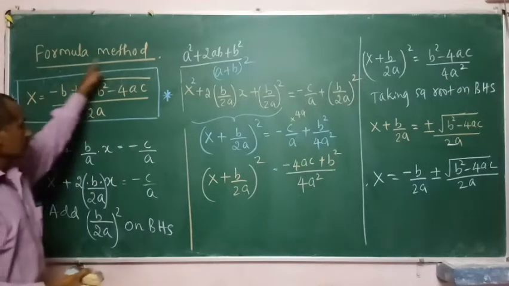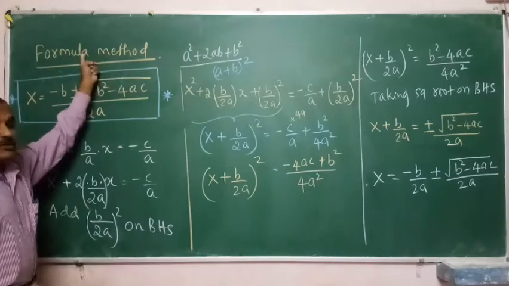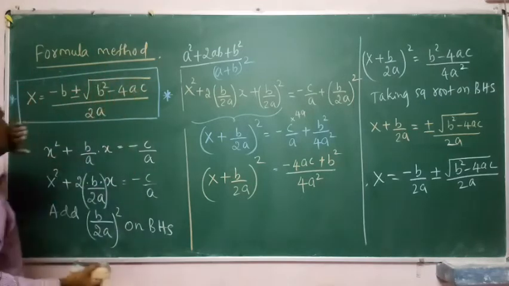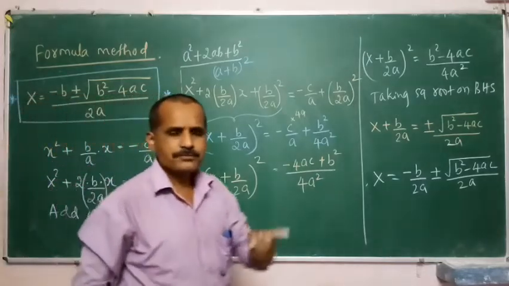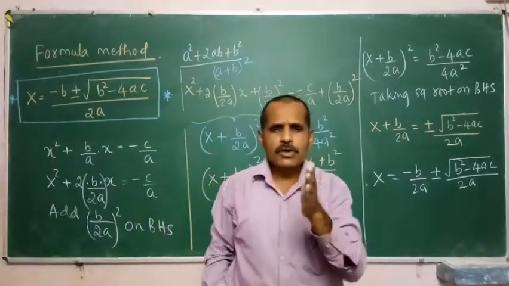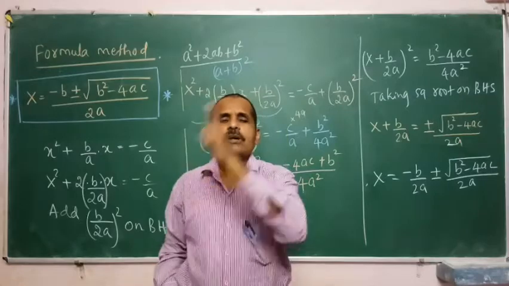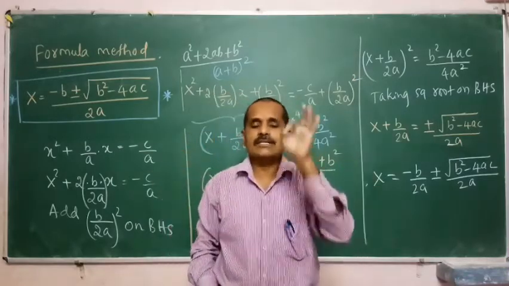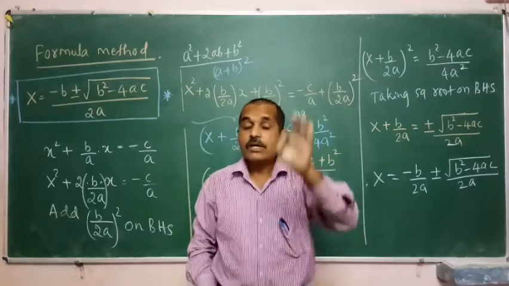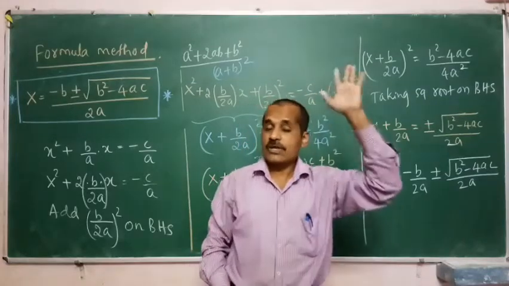When they call this the formula method, this is the formula you have used. That is x is equal to minus b plus or minus under root b square minus 4ac whole divided by 2a, the formula we are using to solve quadratic equations.